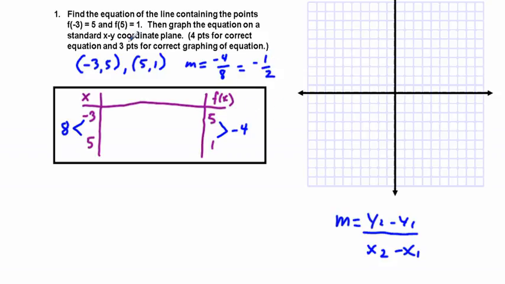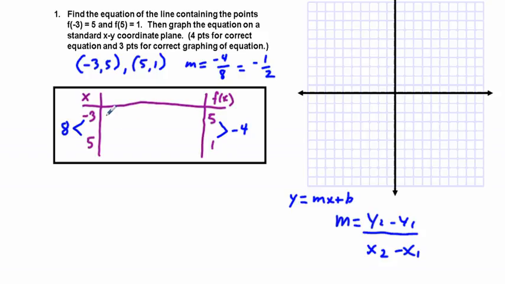And now using the formula, y equals mx plus b, we can just fill this in. Well, for -3, 5, we could also use 5, 1, either point.